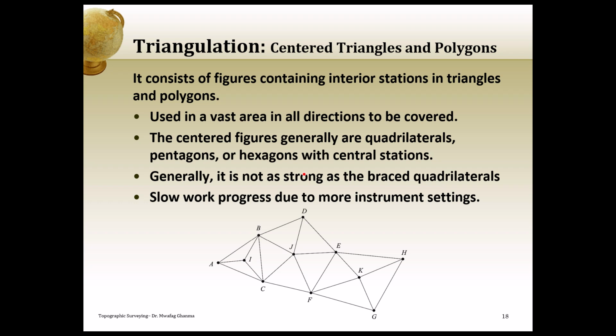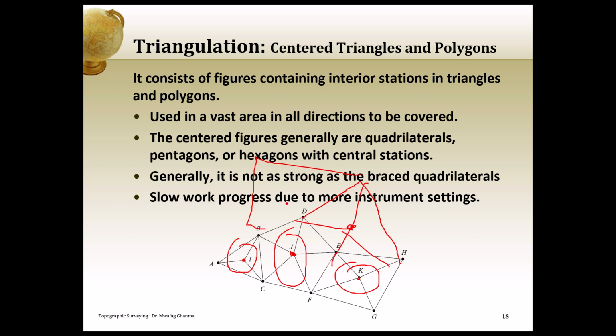In the center triangles and polygons, as the name says, we have a triangle with a central station, and another polygon with a central station, and another polygon, quadrilateral, with a central station. This system can be used for big areas, and it is expandable in all directions, so we can add here, and then we have one more center station, and we continue in all directions.